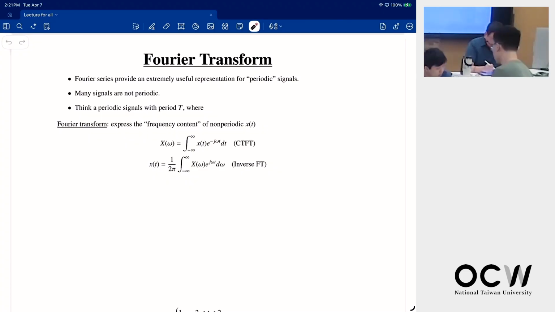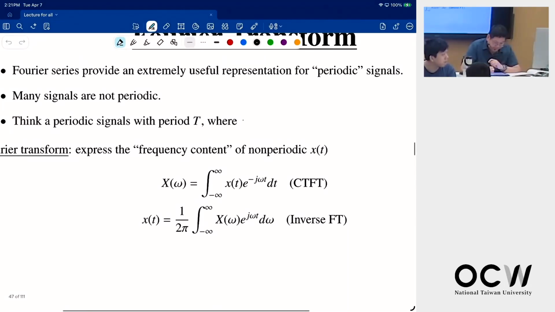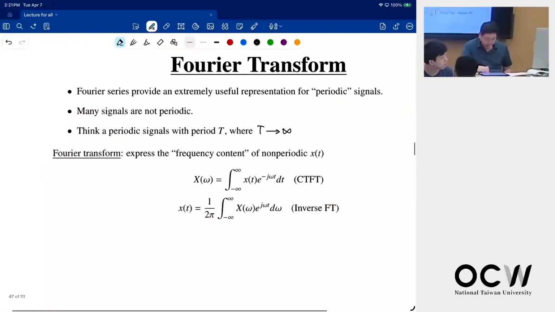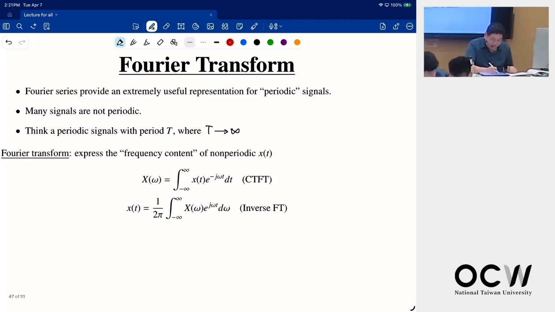If the signal is not periodic, we can also think of it as periodic, but with the period going to infinity. Here is the Fourier transform, and let me tell you the result first.